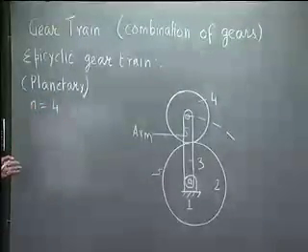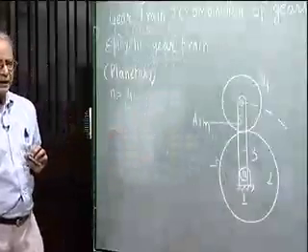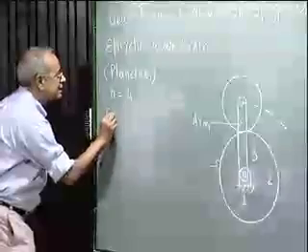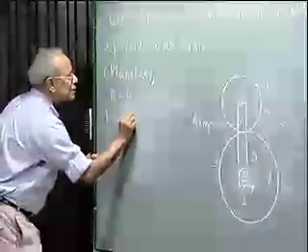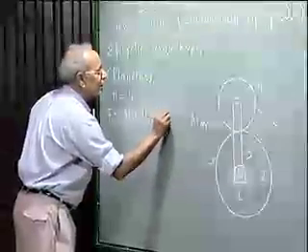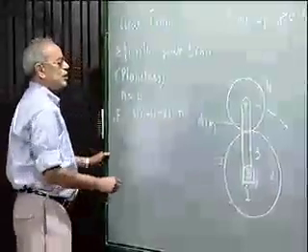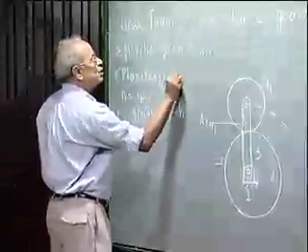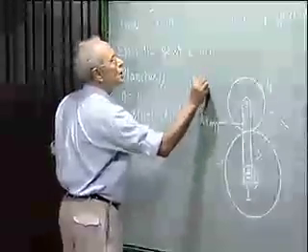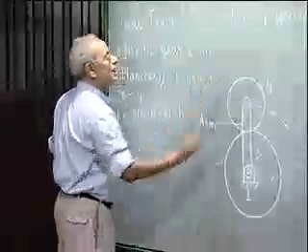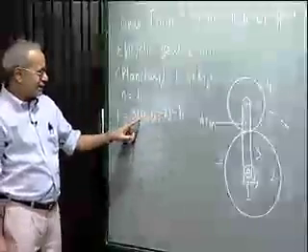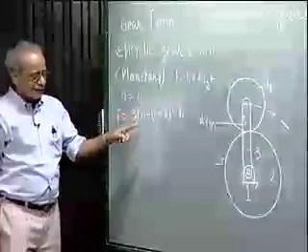Let me first calculate the degrees of freedom of this mechanism. If you remember, degree of freedom F can be obtained from 3(n minus 1) minus 2j minus h, where j is the equivalent number of simple hinges, that is j1 plus 2j2, and h is the number of higher pairs, n is the total number of links.